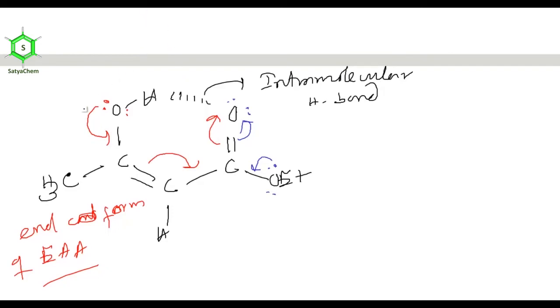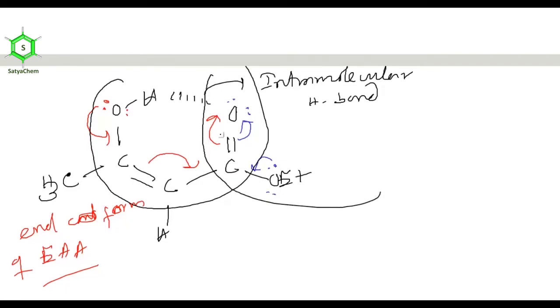So one resonance, another resonance. This is the example of cross conjugation. Cross conjugation ultimately destabilizes the system because it hampers the extended delocalization.